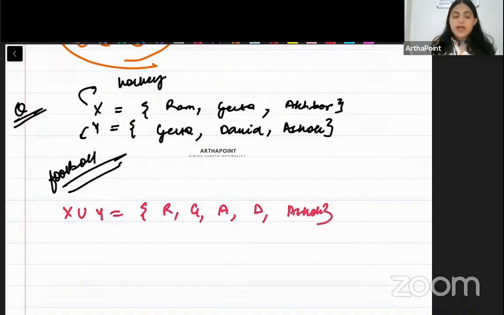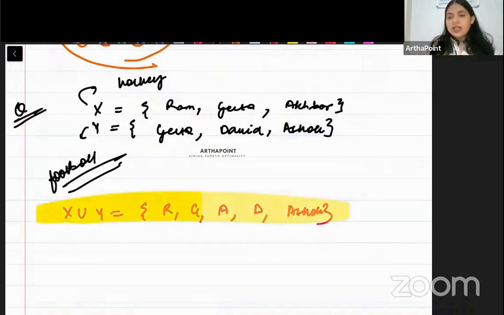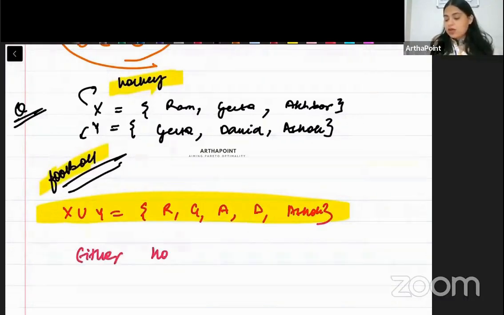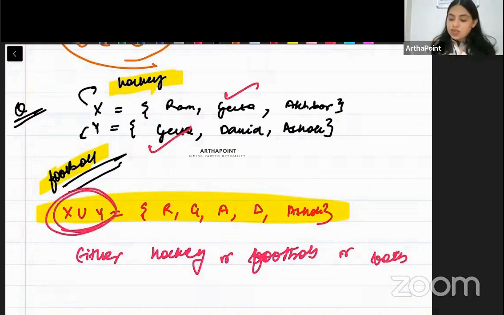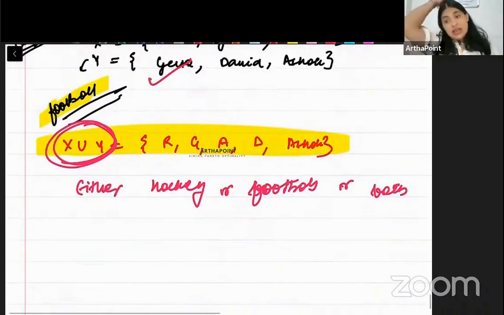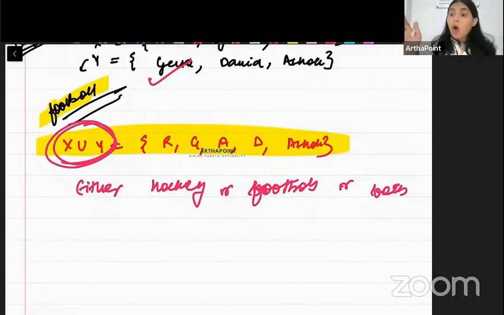These 5 students. How will you interpret this? These are those students who are either hockey players or football players. So in English I can say either hockey or football. Beta, there are also students who play both, like Geeta, right? So or both. So this set union represents either A or B or both.